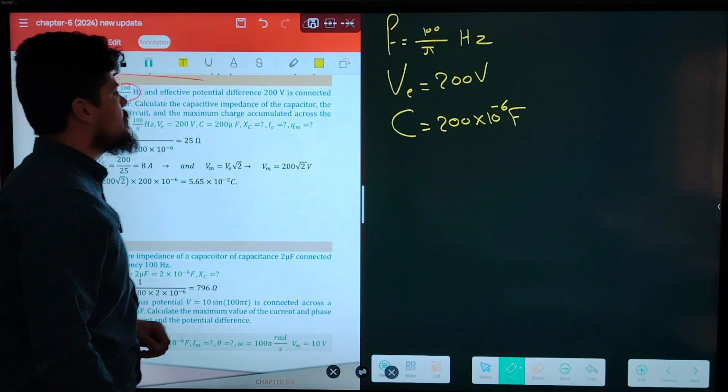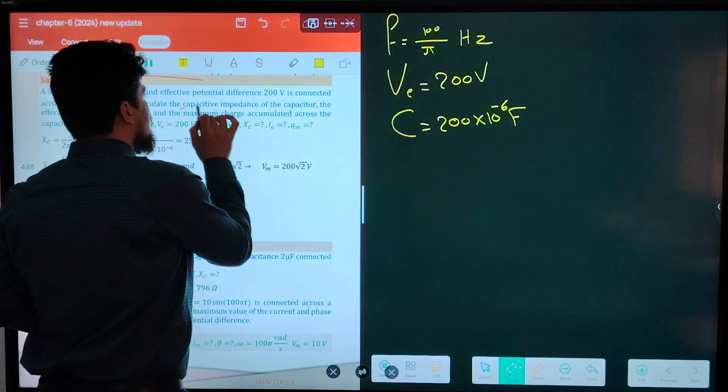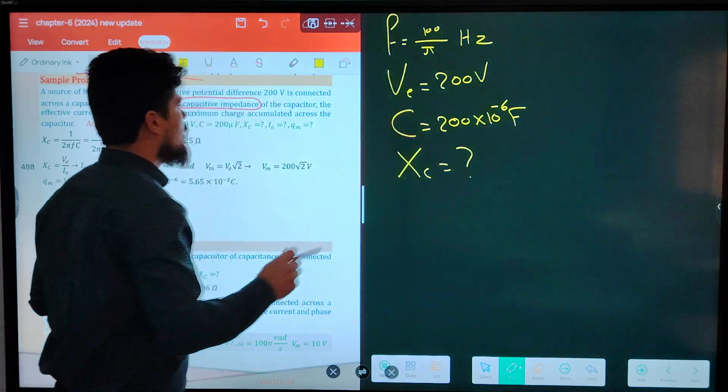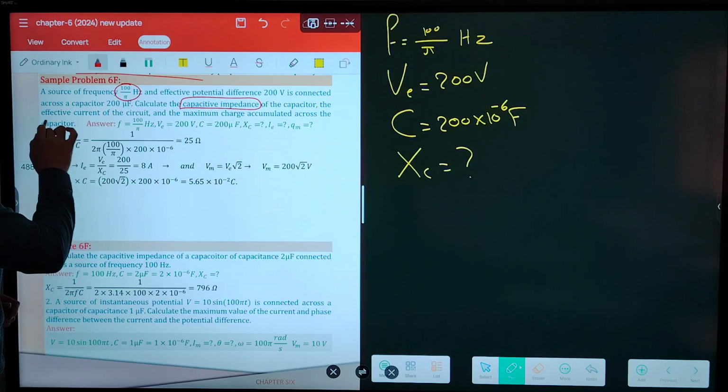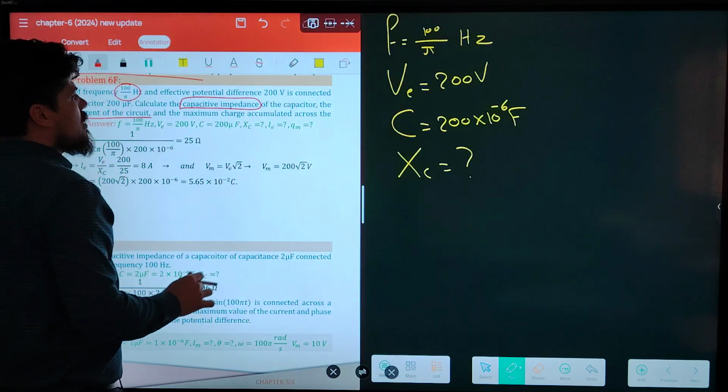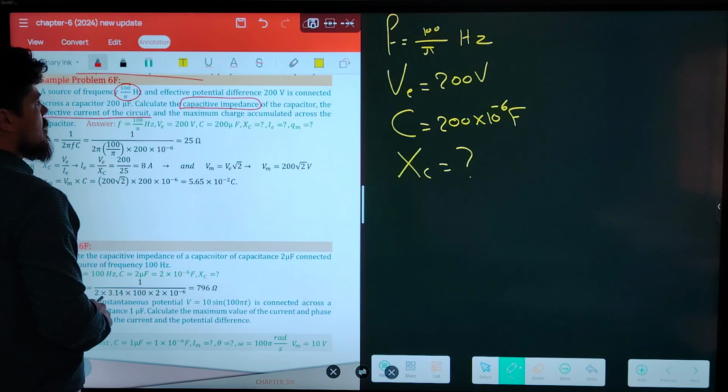Calculate the capacitive impedance XC, which is unknown, of the capacitor, the effective current of the circuit, and the maximum charge accumulated across the capacitor.